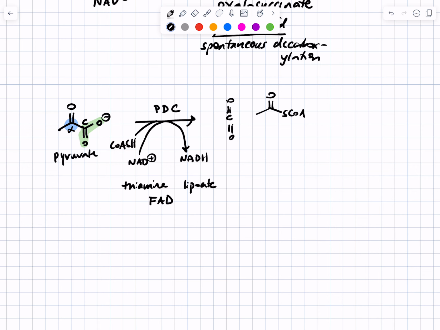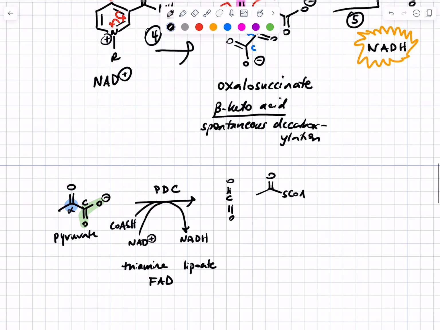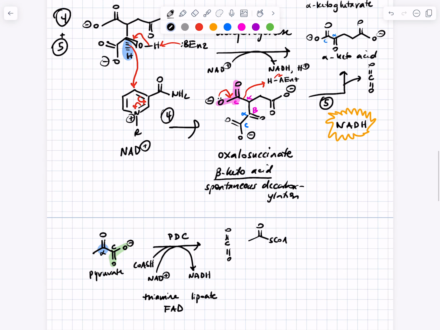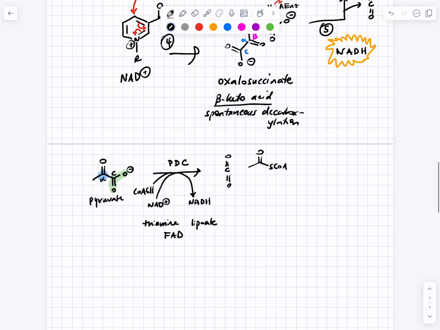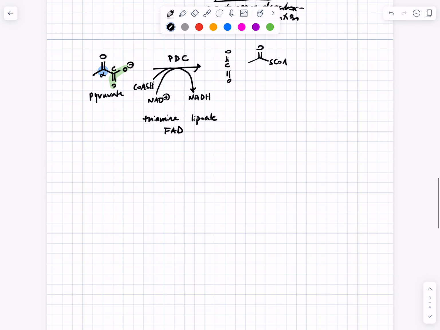So that was kind of complicated. We spent most of the day talking about that. So you can go back to the last lecture to review how that process happens. Alpha ketoglutarate, like pyruvate, is an alpha keto acid. And so step 6 of the citric acid cycle is going to mirror what you saw for the pyruvate dehydrogenase complex.